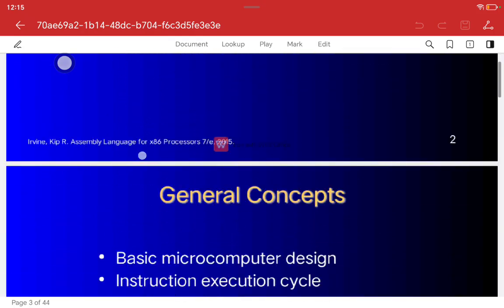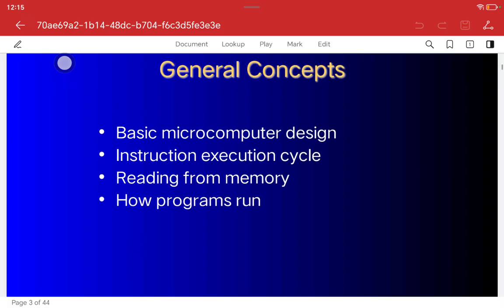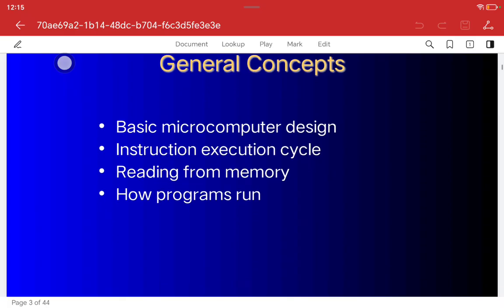So now, starting with some general concepts, we have the basic microcomputer design and the instruction execution cycle. Usually you'll also see, when it comes to the instruction execution cycle, how the file operates within the computer when you want to execute a file, when you want to store information, and so on.